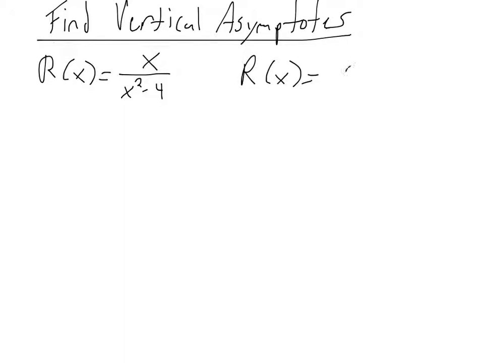The function r of x equals x over x squared minus 4, and r of x equals x squared minus 9 over x squared plus 4x minus 21. Go ahead and try to find all of the vertical asymptotes of those two functions by identifying all of the values of x that are going to make the denominator equal to 0.